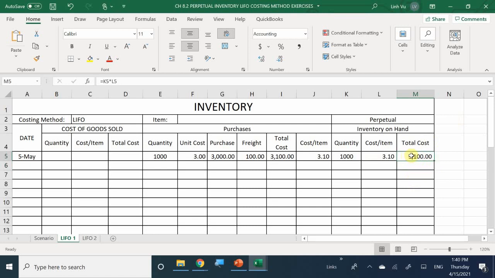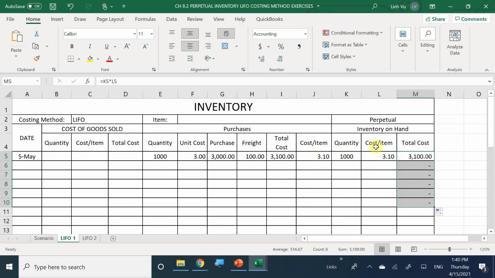So once again, this formula is going to consist of your quantity times your cost, because every time we change our quantity, it's going to multiply by the cost per item to give us our total cost. That's definitely something we want to keep in mind. And I'm going to copy this formula all the way down by using the fill handle.